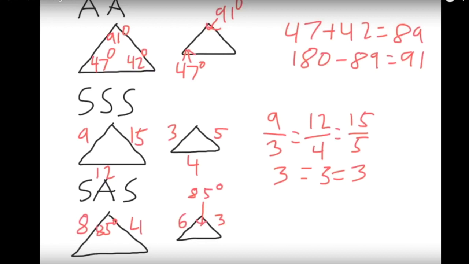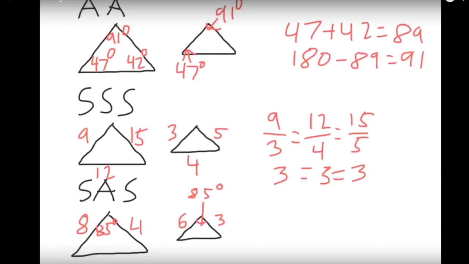Alright, now with these two triangles, we have 8 and 4 with 85 in between them, and 6 and 3 with 85 in between them. So, with side-angle-side, remember the congruent angles have to be between the two sides. So 85 is between 8 and 4, 85 is between 6 and 3. So we need to make sure that these are indeed proportional.